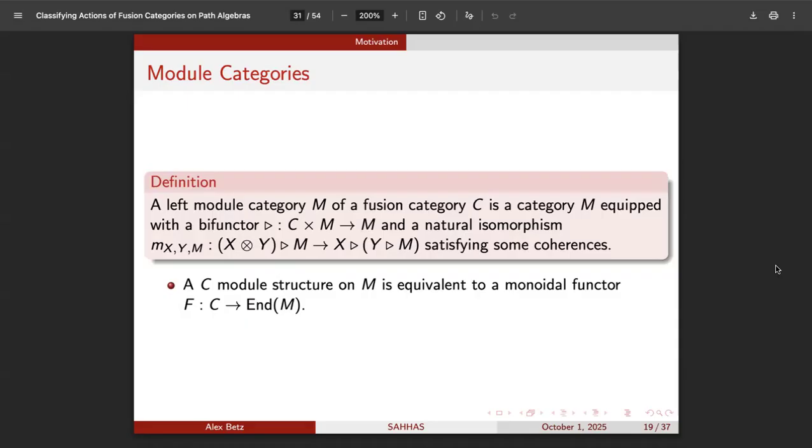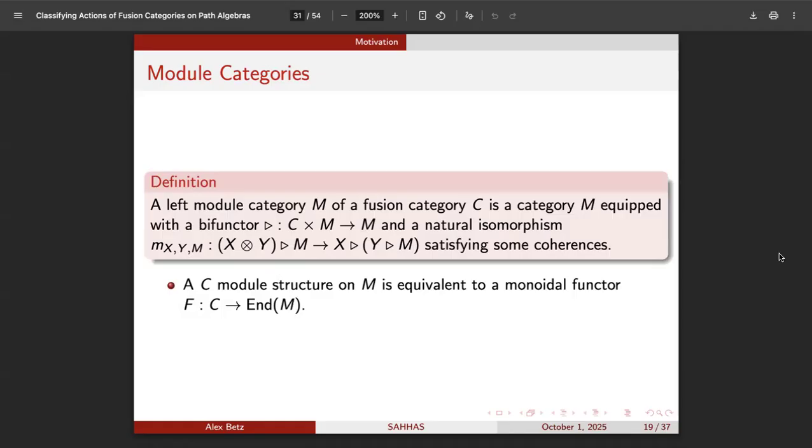The only difference is that when you soup everything up to category land, you have to do things up to isomorphism. So this is why natural isomorphism pops out. Also, these things need to satisfy some commutative diagram conditions that I'm pushing under the table. But if you decide to study this at any point, you'll have to learn a little bit of this category theory formalism.